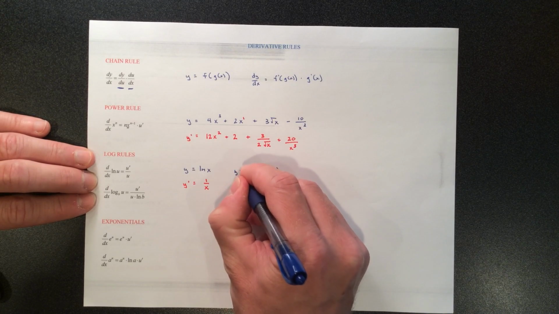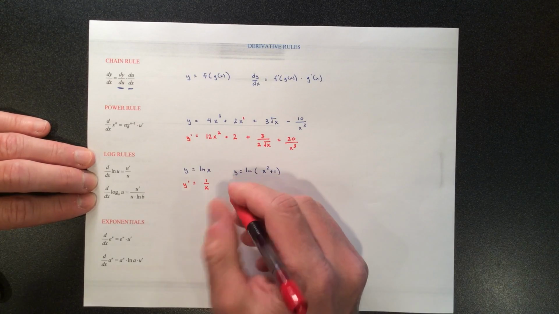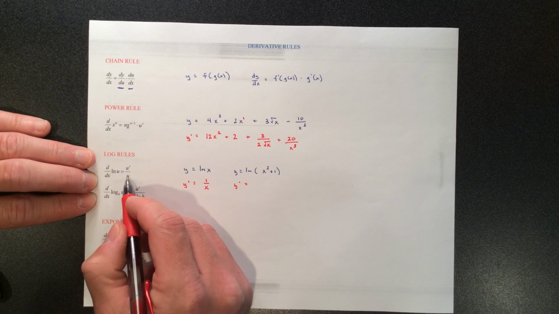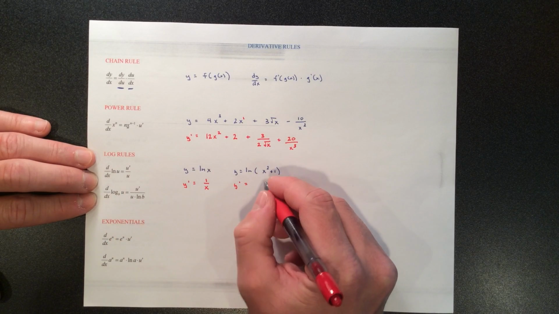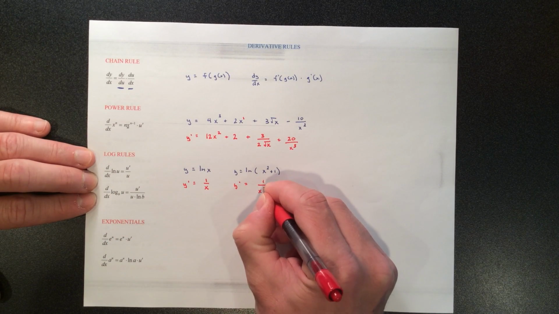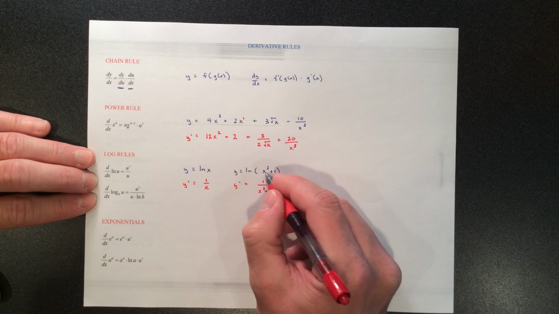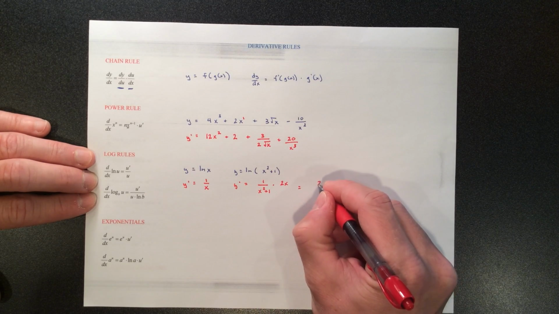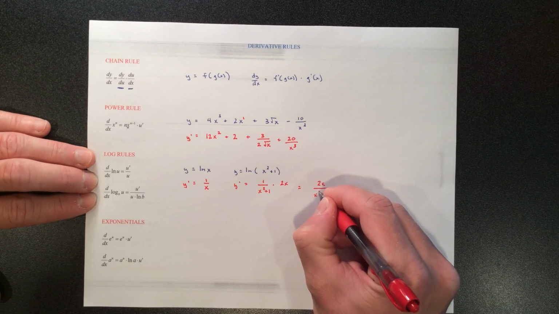That's our y. Well, now we have to apply the chain rule. The derivative is going to be u prime over u, or some people like to say it's 1 over u, meaning the argument, times u prime, times 2x, which you could then write as 2x over x squared plus 1.